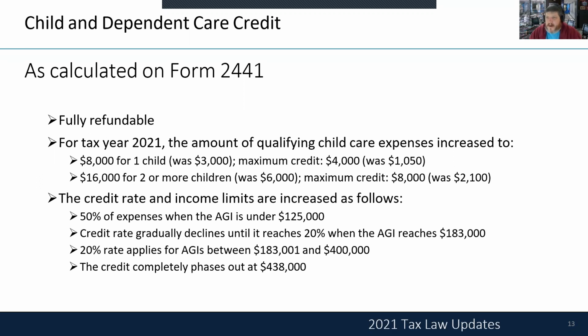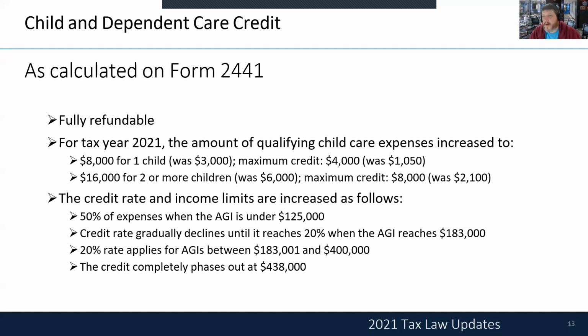So let's explain how this credit actually works, because this is where the confusion is going to come in. Your taxpayers are likely going to see these $8,000 and $16,000 numbers and think that they are going to get that as a credit. That is not the way this works. The max credit any one person is going to see is $8,000. That's the absolute max they can do. And that's if they had $16,000 in expenses for childcare and they had 2 or more children, and their AGI is less than $125,000.